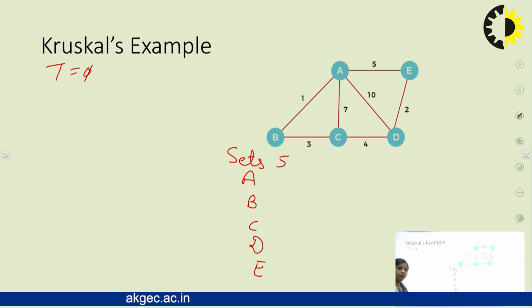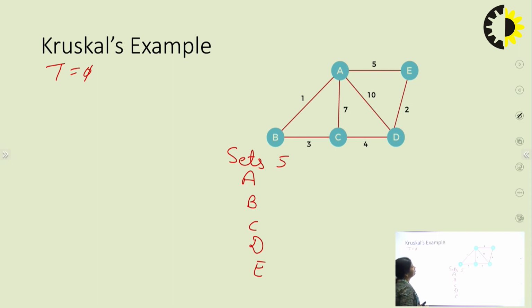And what is the other point? We have to consider the edges in increasing order of weight. So let us sort our edges in increasing order. So what is the minimum edge?